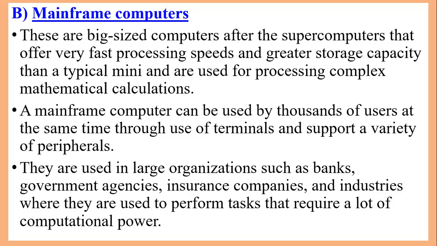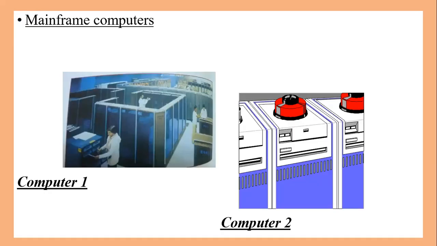They are used in large organizations such as banks, government agencies, insurance companies, and industries where they are used to perform tasks that require a lot of computational power. Here are some illustrations of diagrams representing mainframe computers.